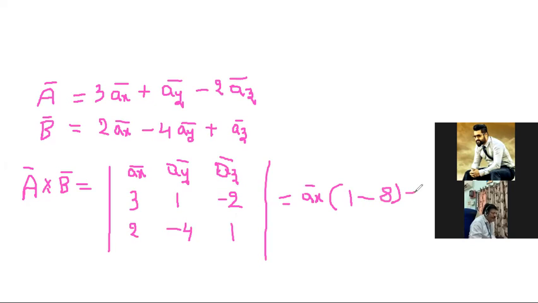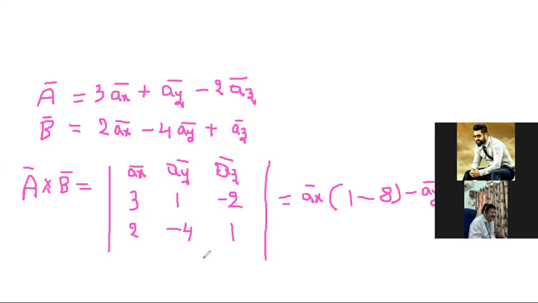Then minus Ay into, skip this column, 3 into 1, that is 3, minus 2 into -2, which is -4. Overall you will get +4.